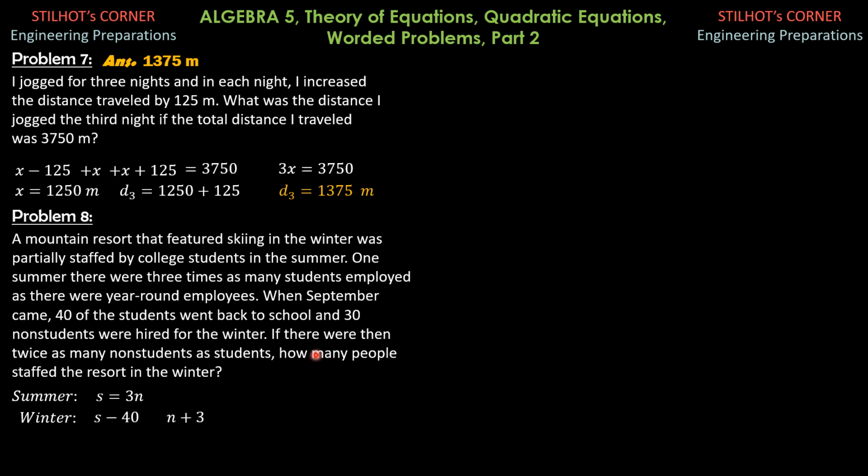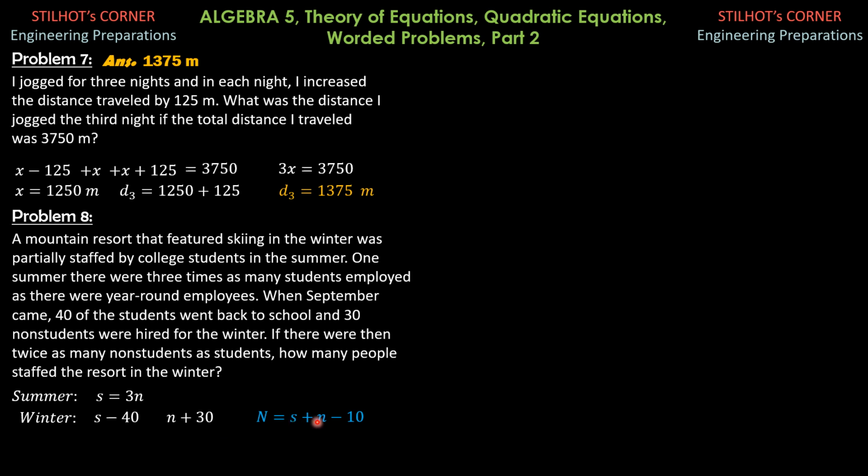plus 30. And it is stated here that there were then twice as many non-students as students, and we want to know how many people staffed the resort in the winter. So this is the total number of staff in the winter. If we add this, I'll call it capital N. It is S plus N minus 10 because negative 40 plus 30 is negative 10.